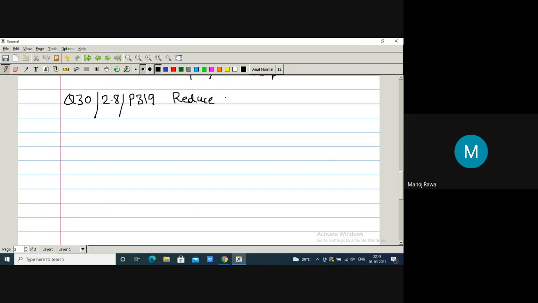Reduce the PDE into canonical form, and find the general solution. So we have to solve also.